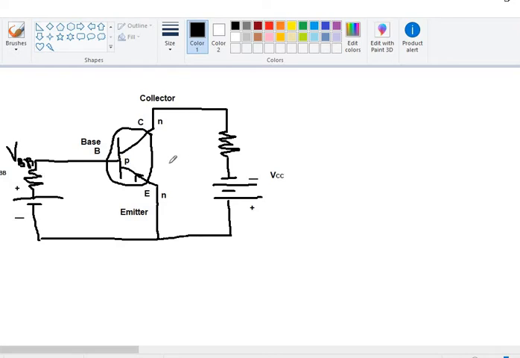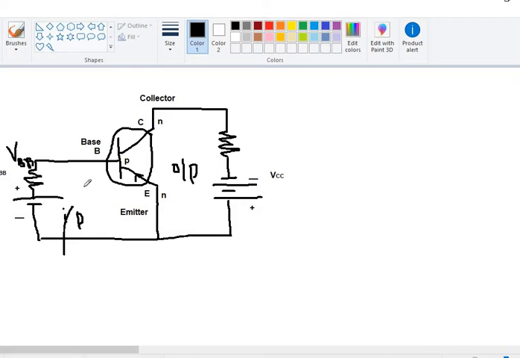Again, for the output we have to place another battery at the output side. This is the input side and this is the output side, right? This also needs a power supply that is denoted by VCC, right? VBB and VCC.